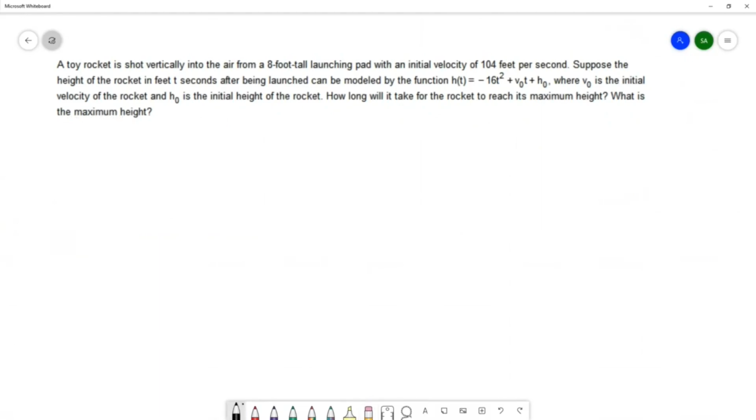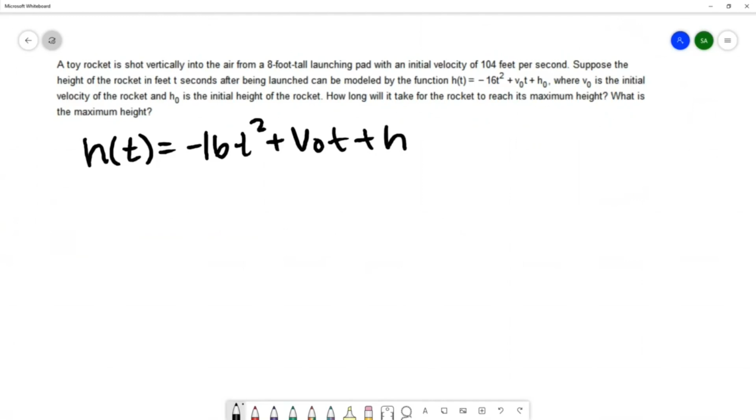So we're given this function, h of t equals negative 16t squared plus v naught t plus h naught.